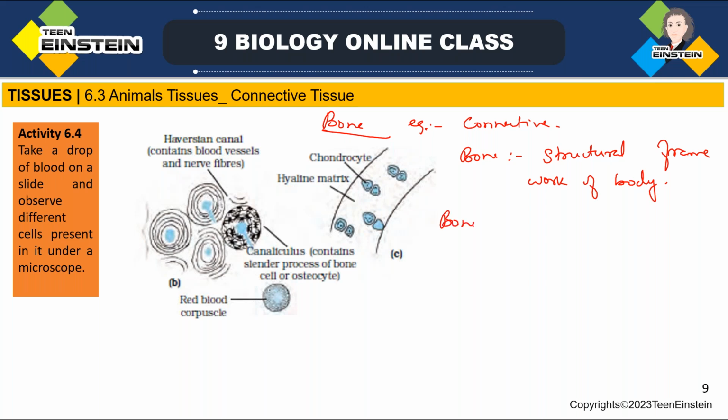Here bone, what it is doing, it supports the main organs of the body, and it anchors muscles. And here, one very important point, this is a strong and non-flexible tissue.